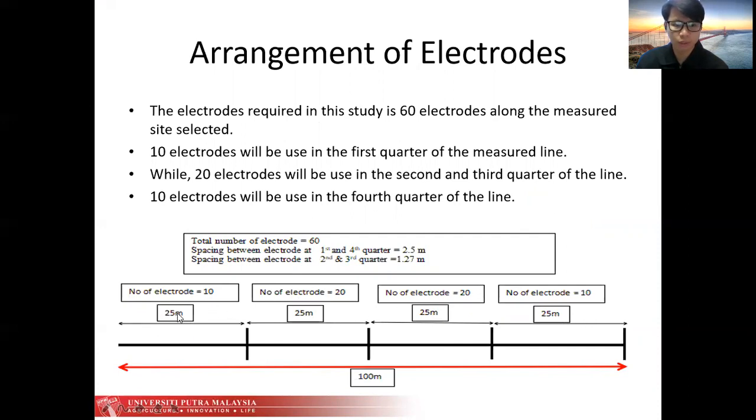The first quarter will have 10 electrodes, the second and third quarters will have 20 electrodes each, and the fourth quarter will have 10 electrodes. I will use the Wenner-Schlumberger array method, and each quarter of line will be 25 meters.